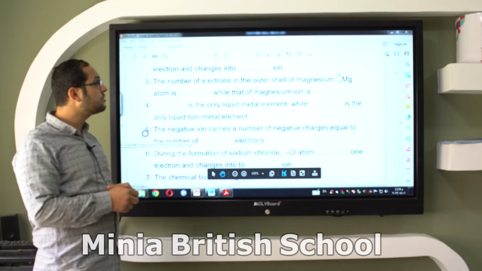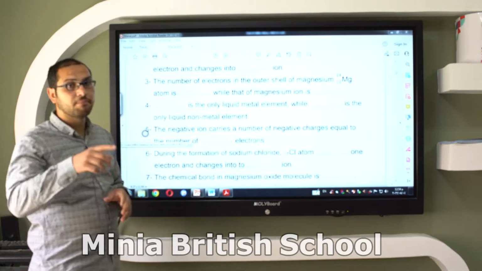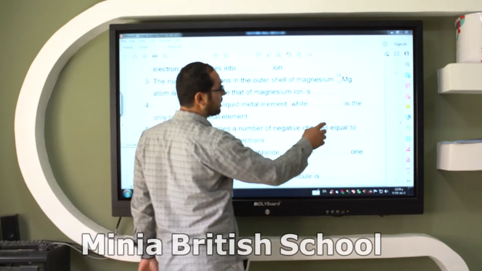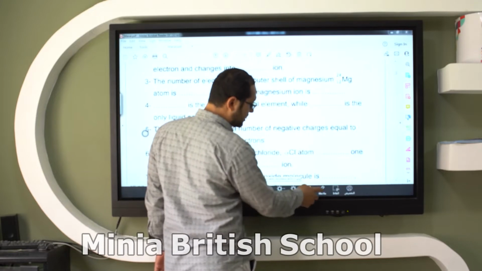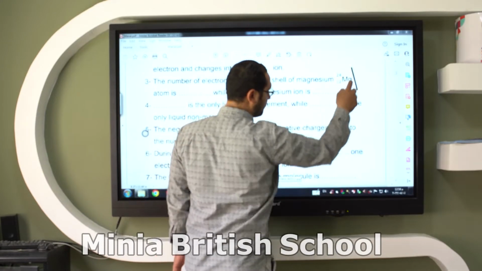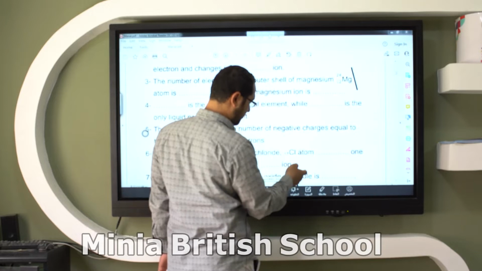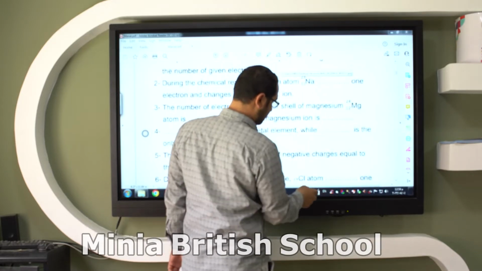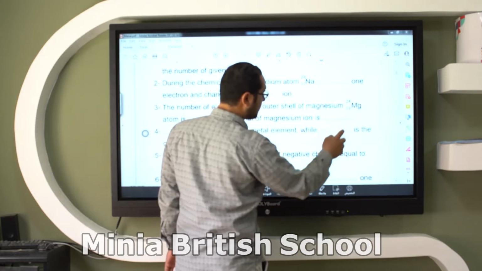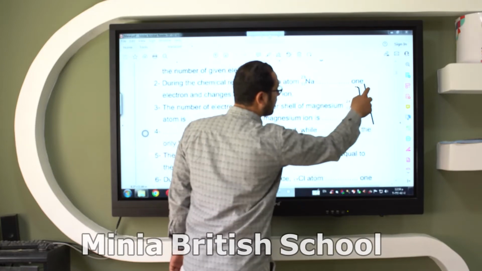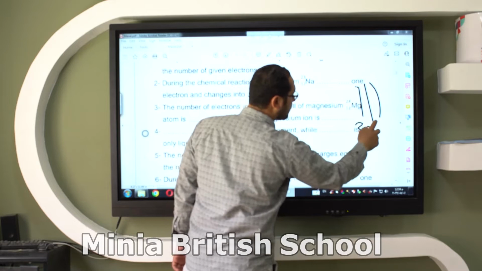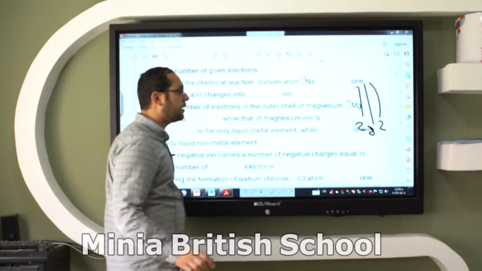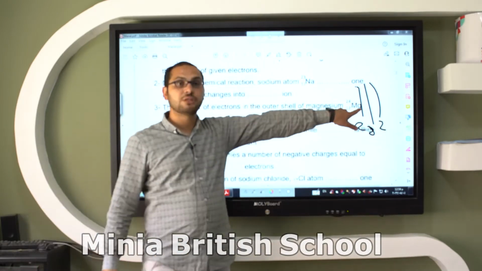The number of electrons in the outer shell of magnesium: what is the electron configuration of magnesium? It is 2, 8, 2, because its atomic number is 12.